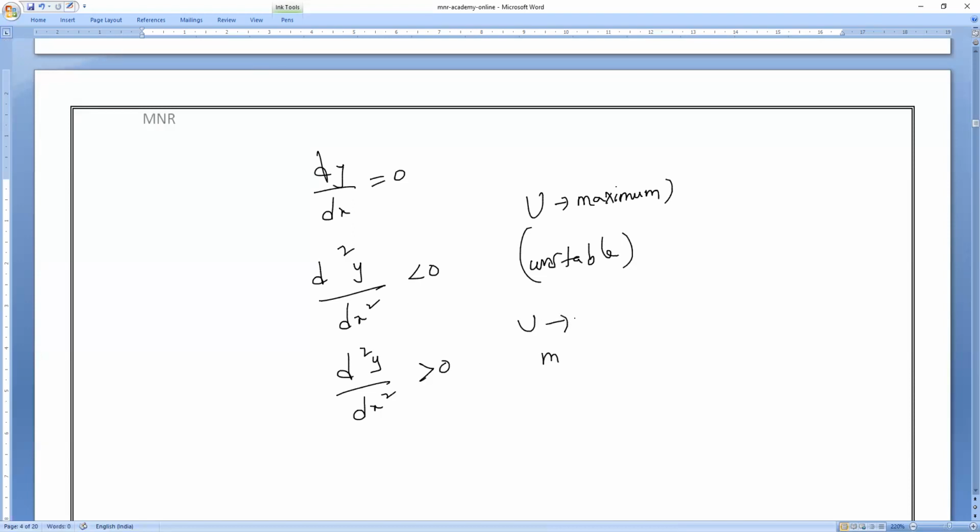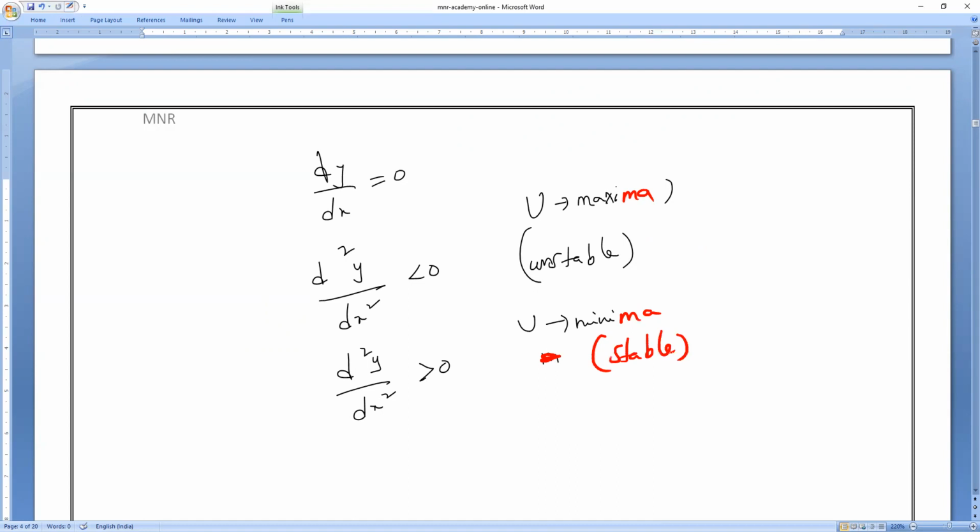Next, if d square y by dx square is greater than 0, is the potential energy minimum or maximum? Everybody, it is minima. So it is stable or unstable? It is stable.